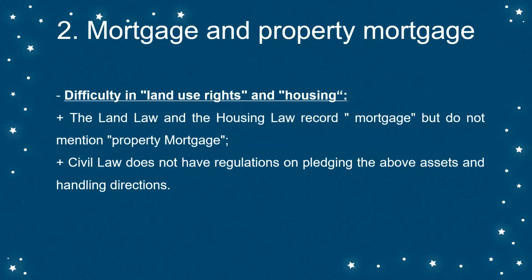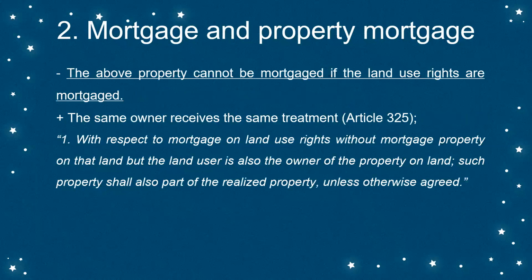We have some difficulty with land use right and housing. The land law and housing law record mortgage but do not mention property mortgage. Civil law does not have regulation on pledging the above asset and handling direction. The above property cannot be mortgaged if the land use right is mortgaged.